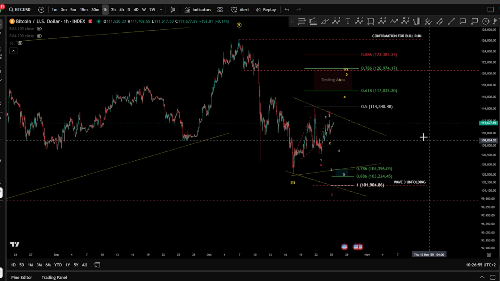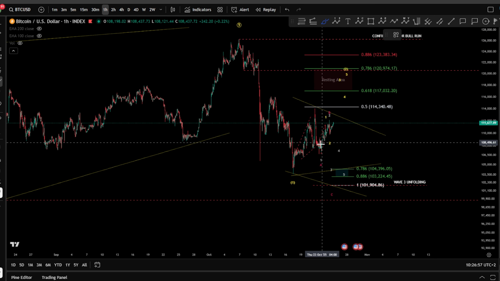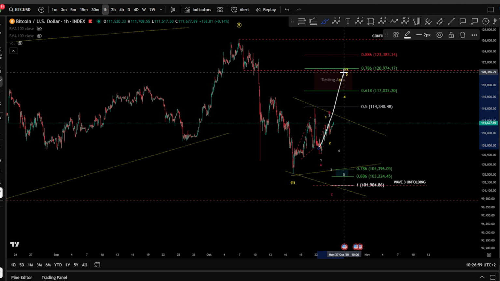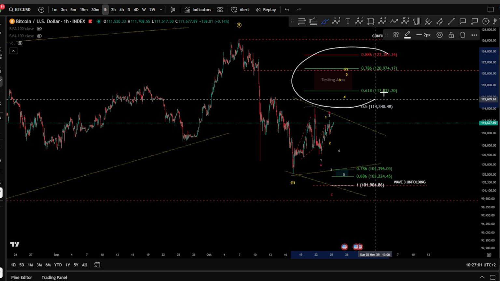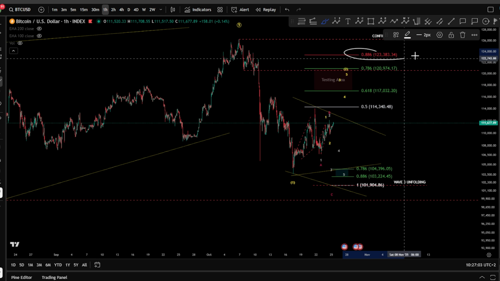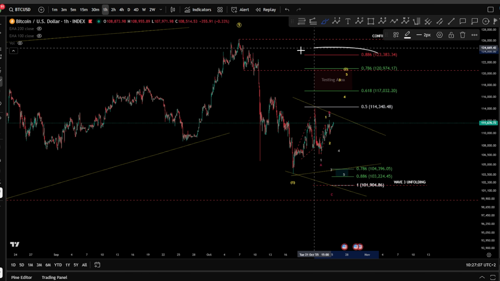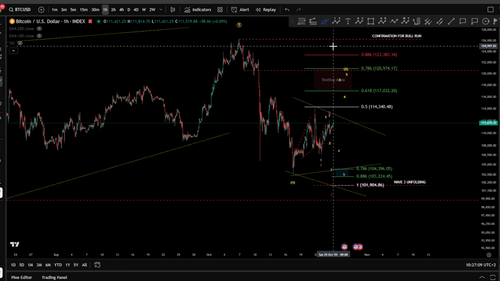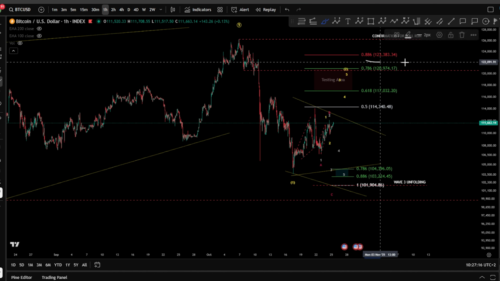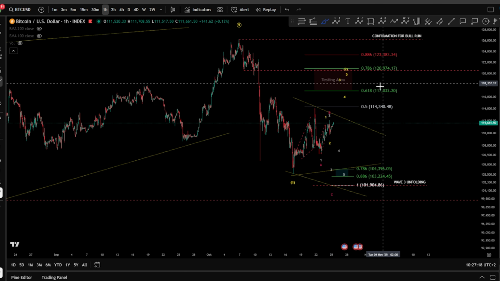Meaning, for the bear market to be eliminated, we need to see higher prices to eliminate all those fib levels. At least taking the 886 to reduce so much the possibility, meaning reducing it to 90%. Yeah, to 90%, meaning leaving 10% for a bearish market, which is 123K for Bitcoin.